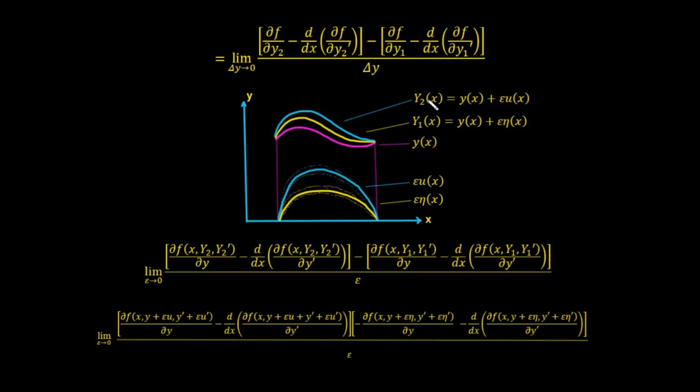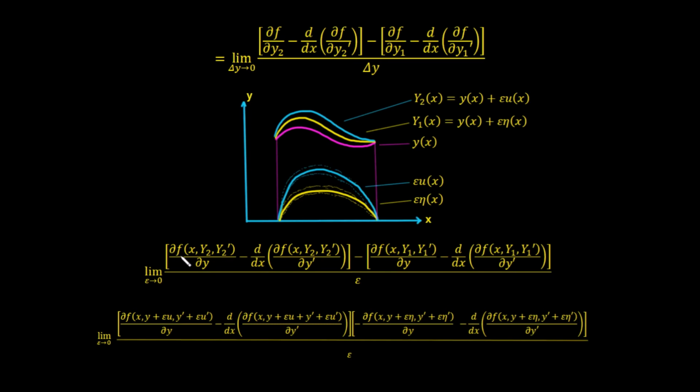So what we want to do is take account of this within this equation here. So let's go ahead and add this into this equation. We're going to have the limit as epsilon tends towards 0, because epsilon is the only thing that is going to control the variation. So it's going to be partial f by partial y of our functional.